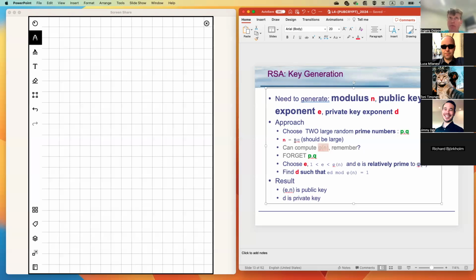And without knowing p and q, you cannot generate this phi of n. And without phi of n, you cannot deduce d knowing e. So you see, this is the first strength of the algorithm, a strength with respect to breaking the key.